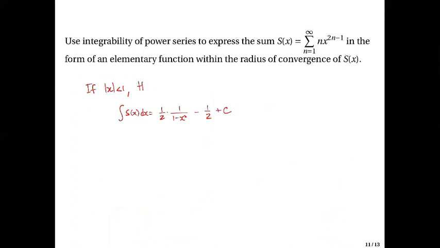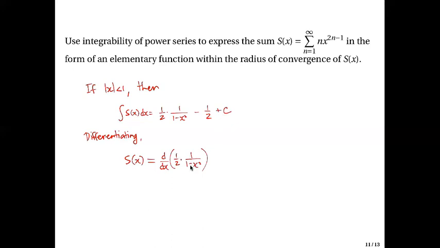Differentiating, you get the derivative of this, and you also need to get the derivative of this. We now have s of x. This is the derivative with respect to x of 1/2 times 1 over 1 minus x squared. And of course, the derivative of 1/2 plus a constant is just 0.